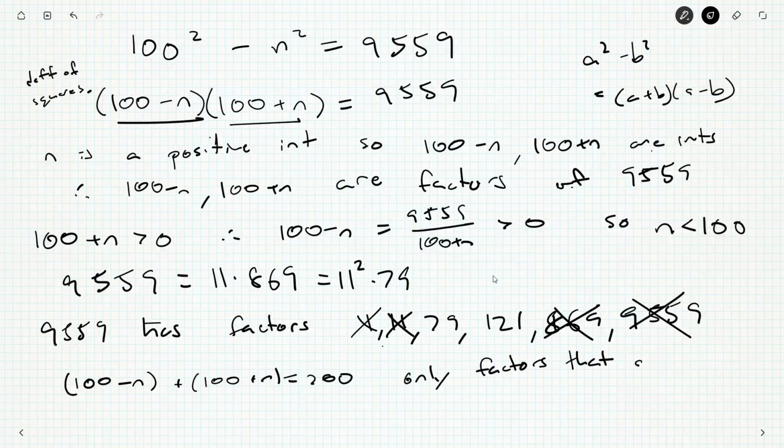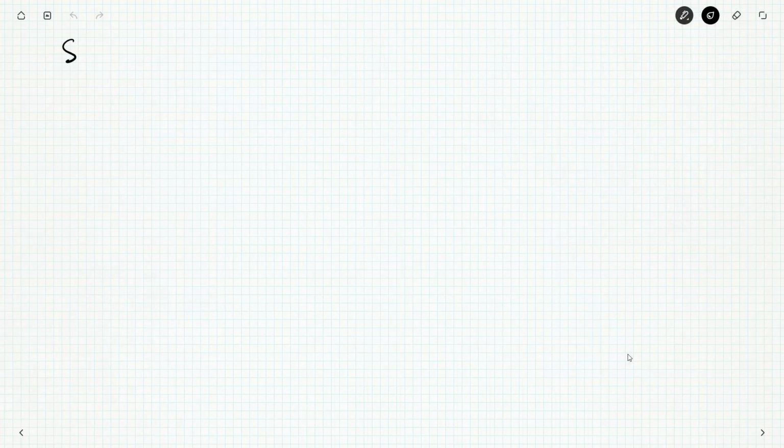The only factors that allow this is the pair 79, 121. So, flipping the page, 100 minus n is 79, 100 plus n is 121, and from there we conclude n is 21.